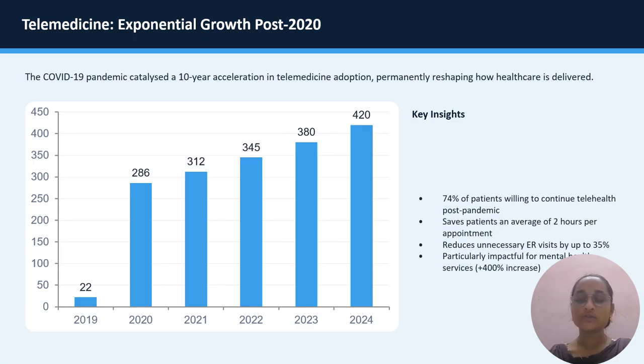And then main conclusion of the slide is COVID forced telemedicine to go mainstream overnight. The growth was not temporary. The data shows usage stayed high and kept increasing through 2024 because patient and doctors saw real benefits in time, cost, and the access.